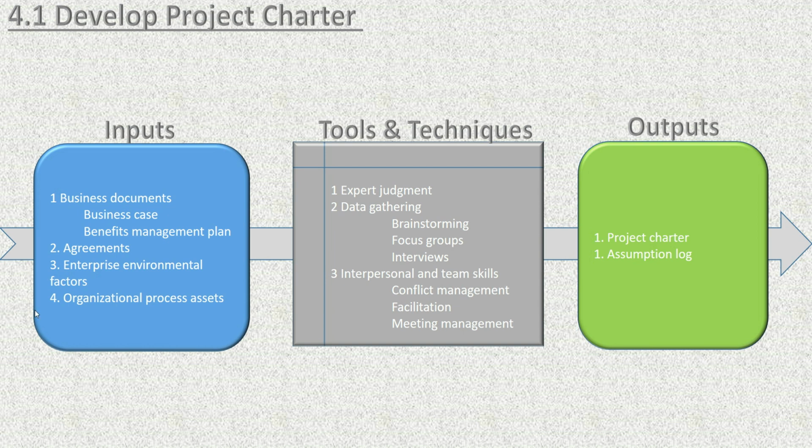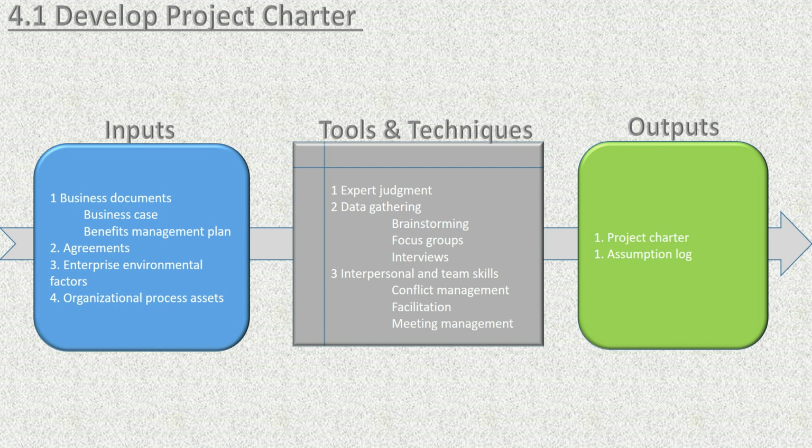Then the benefit management plan. If some company is starting a project, there have to be some benefits that it's expecting out of the project. Otherwise we will not start any project if we don't see any benefit. The benefit might not be economic; it can be social, environmental, or related to government regulations and policy.